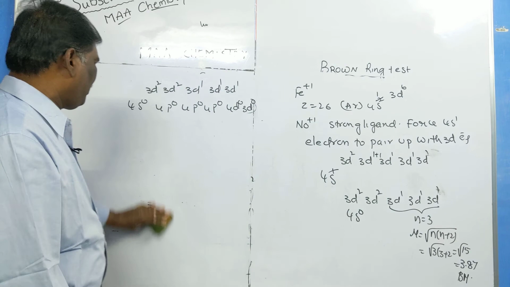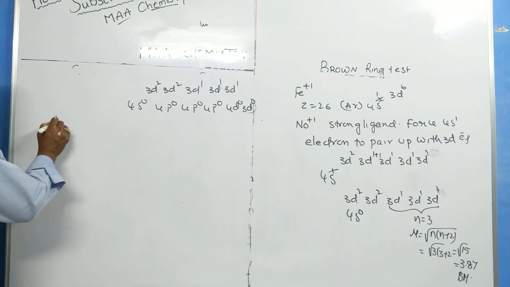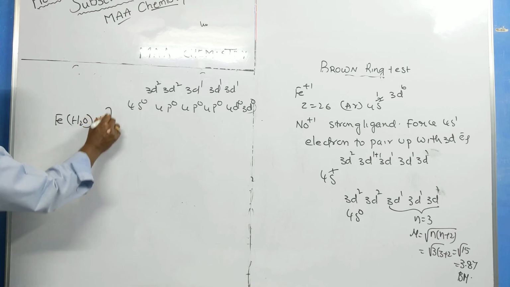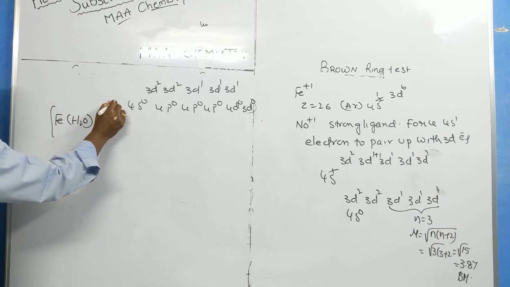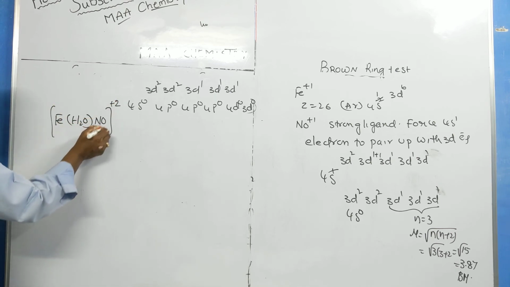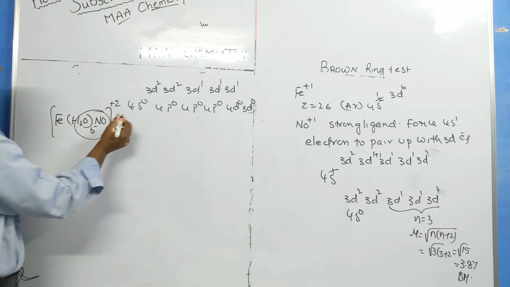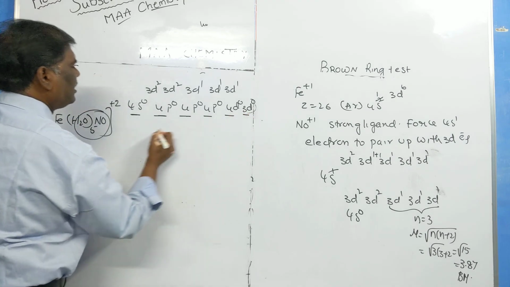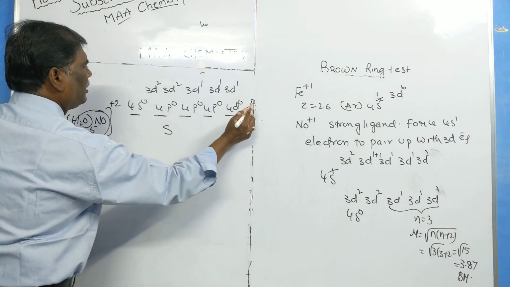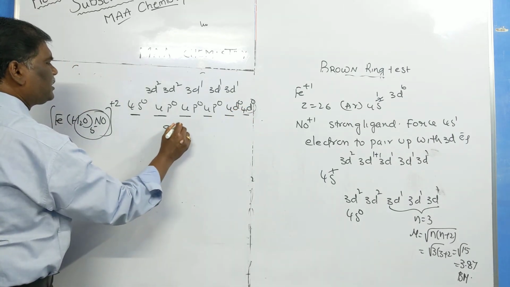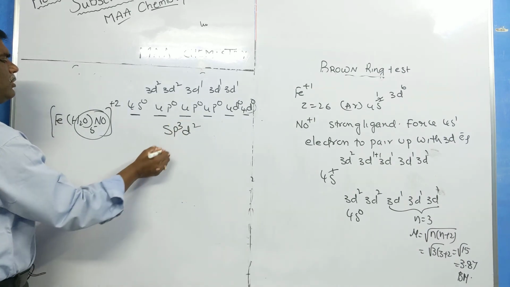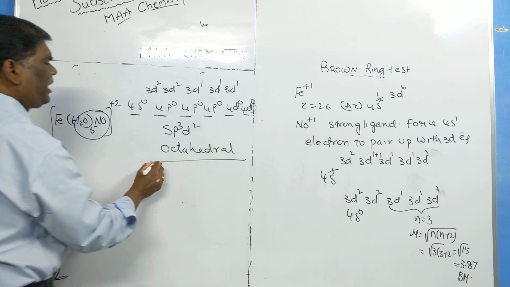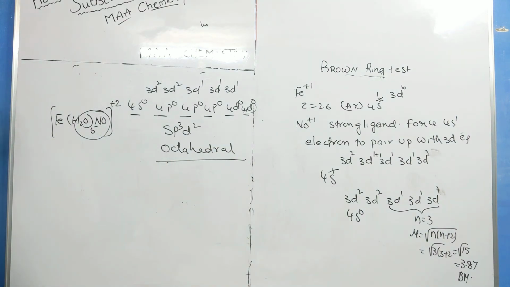There are 5 water molecules and 1 NO plus. So overall it has 6 ligands. For 6 ligands we need 6 orbitals: 1, 2, 3, 4, 5, 6. So the hybridization is sp3d2 and the shape is octahedral.